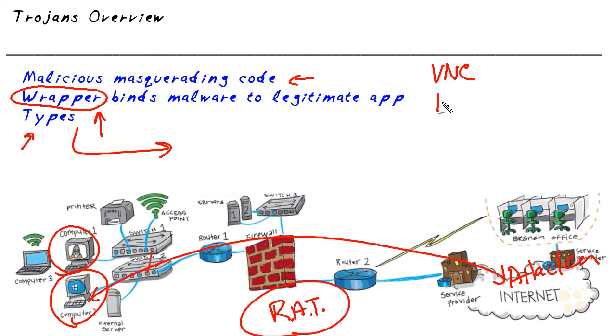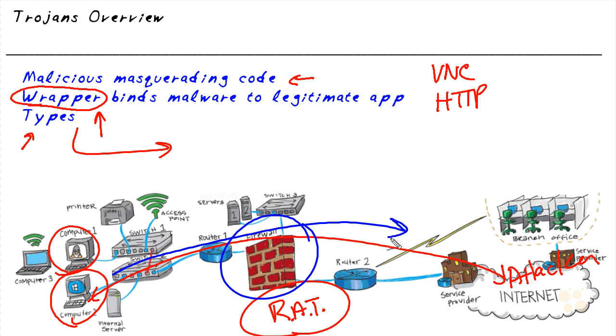For example, we could leverage HTTP, in which case we'd have an HTTP-based Trojan. And one of the tricky aspects is this little guy right here, the firewall. The firewall is not going to let an attacker from the outside go to the inside network. However, that firewall at the same time will let users initiate connections going outbound to go to a web server on the outside and will dynamically, due to its stateful nature, allow the reply traffic.